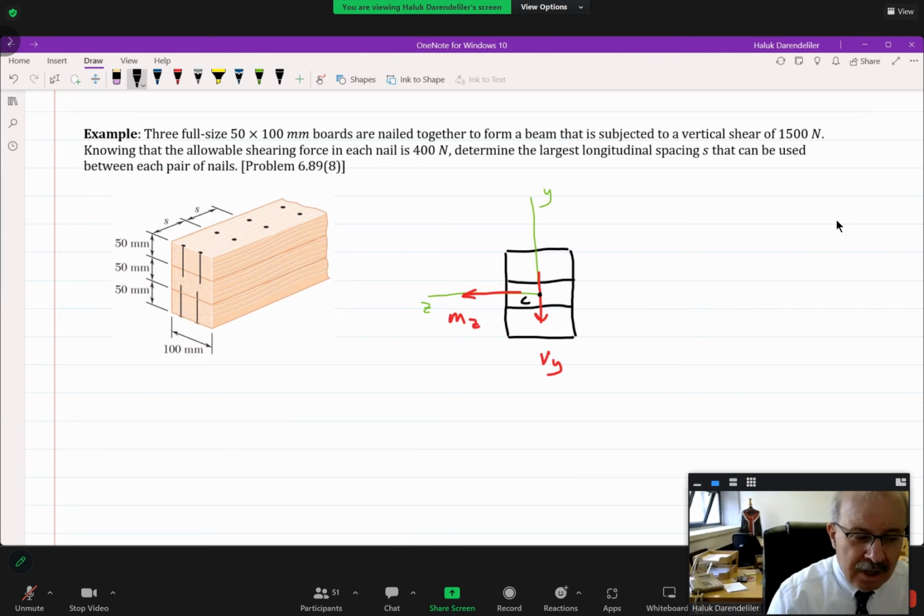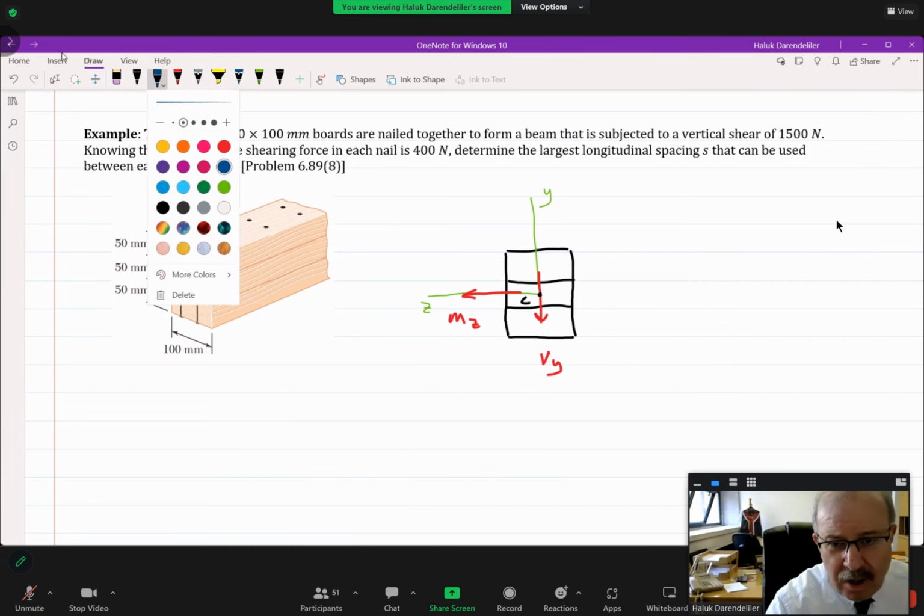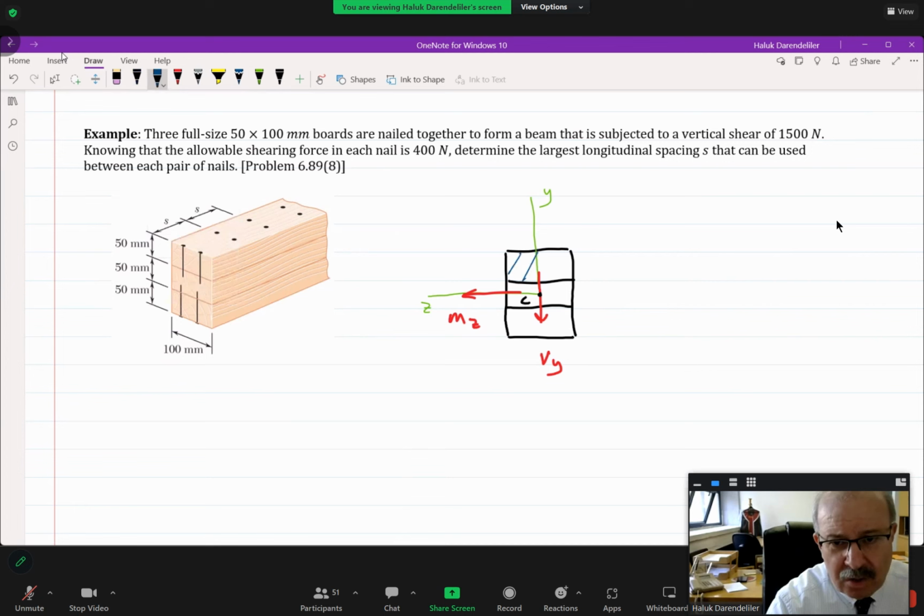Now, here, I am selecting an area, just as I did previously. I am going to use this area to calculate the shear flow, not the shear stress. Now, this is the centroid of this area. And I know that this is also the neutral axis of the cross-section, because in this course, we are only using symmetric cross-sections.